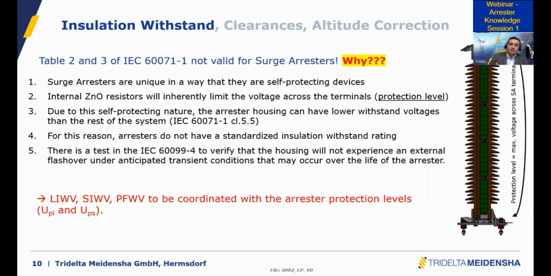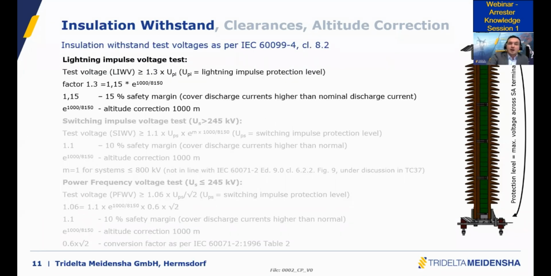Always refer to the protection level or the residual voltage, because this must be coordinated with the lightning impulse, switching impulse, and power frequency withstand voltage. So now we take a deeper look into the arrester standards in clause 8.2.